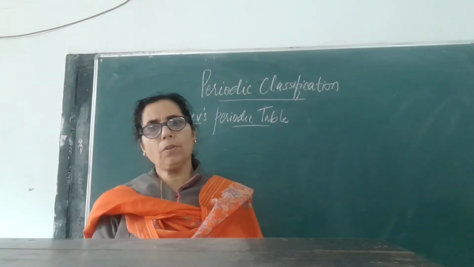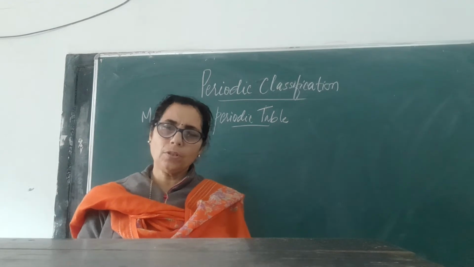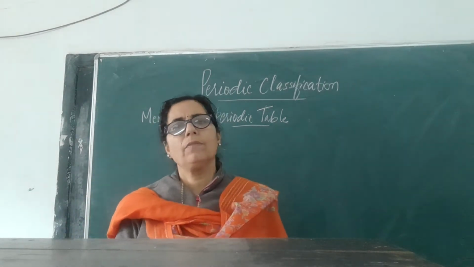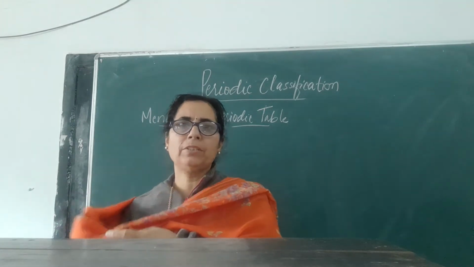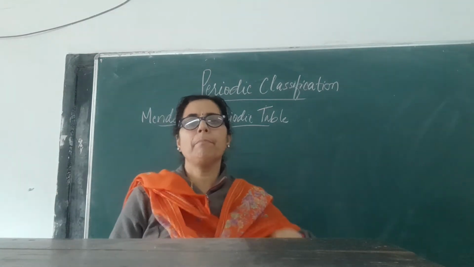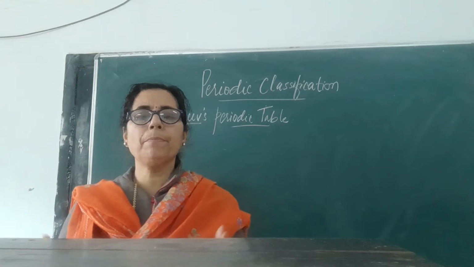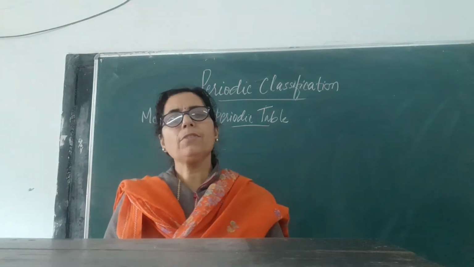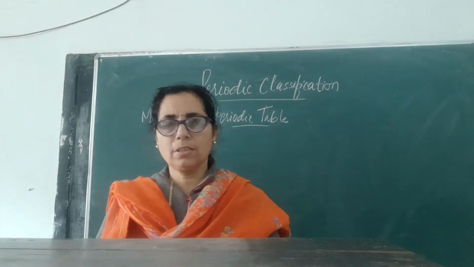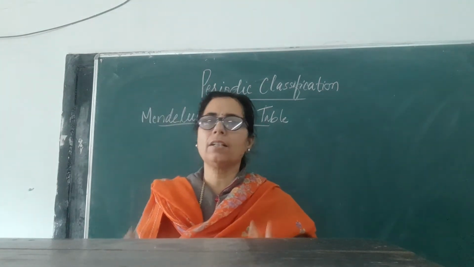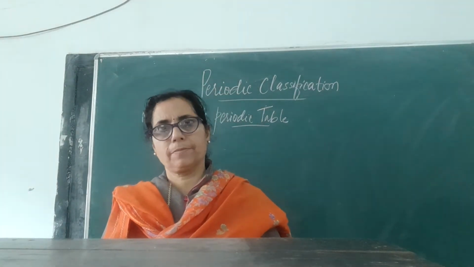After the failure of Newland's Law of Octaves, many scientists were still trying to formulate this table. On that basis, Mendeleev did a very important work. Mendeleev was the scientist who was considered the father of the periodic table because he did a lot of work on that.